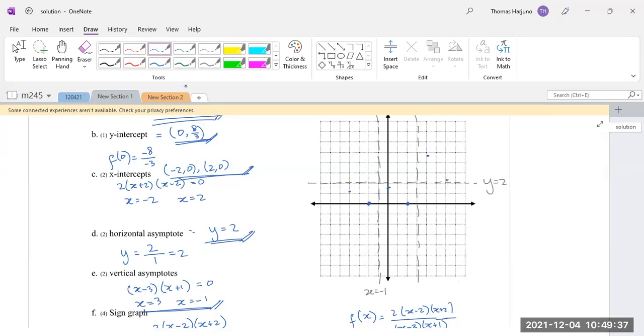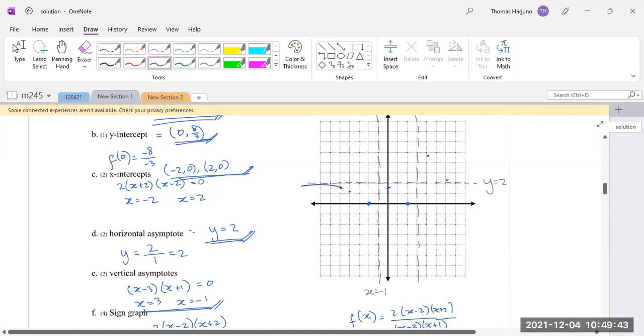Okay, so the graph will be approximately, it must come from the horizontal asymptote and then go down, right? And then use that sign graph to help.